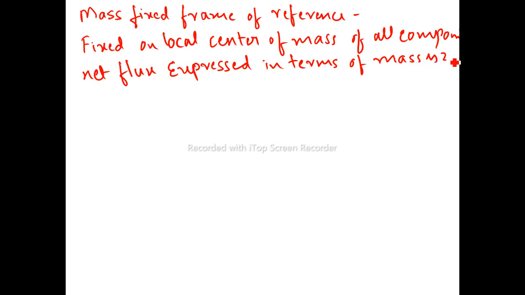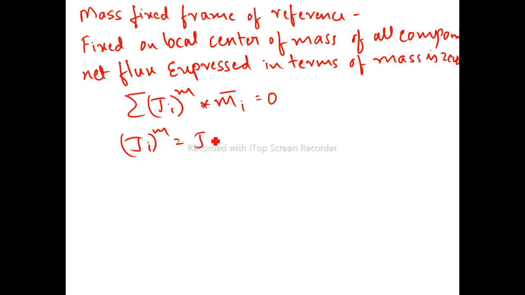From the definition we can write the flux at the mass fixed frame of reference into molar mass is equal to 0. This is the definition. The same expression is equal to Ji tilde minus Ci into UV.